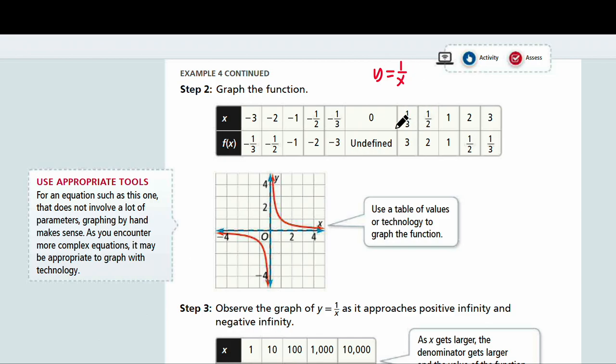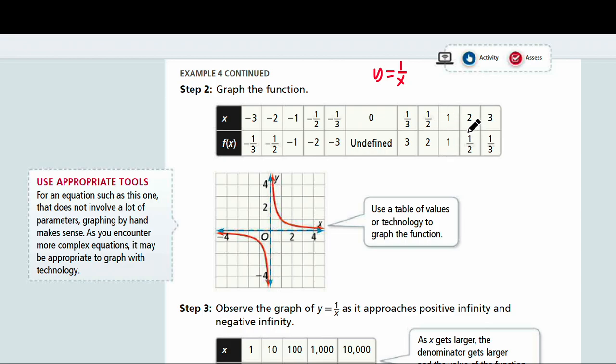The smaller your x becomes, and closer to 0, the smaller positive number you have, the bigger y value you have. Isn't that funny? This is because you have a reciprocal relationship, an inverse relationship.